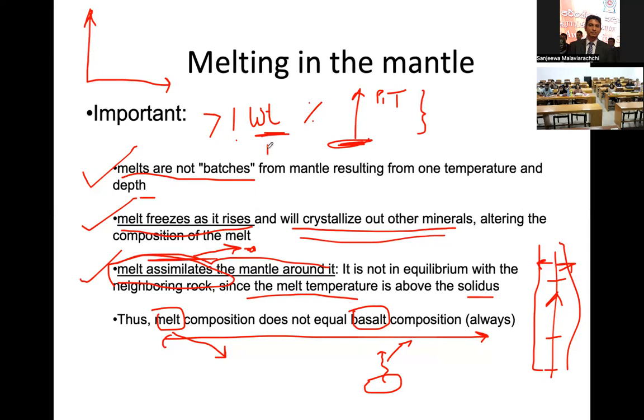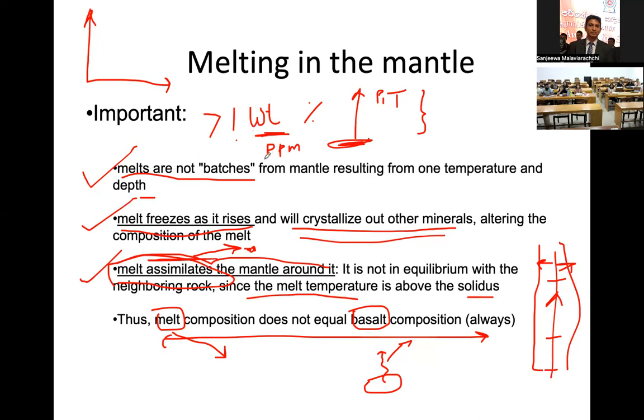So that's why we always use the unit ppm or ppb, parts per million or parts per billion, because they are in very low amounts. You can't make it in percentages. If you want to make it in percentages, you have to mention 0.0 something like that, right? So 1 weight% is equal to 10,000 ppm. Remember, 10,000 ppm is equal to 1 weight%, right? You can see the unit conversions later, right?